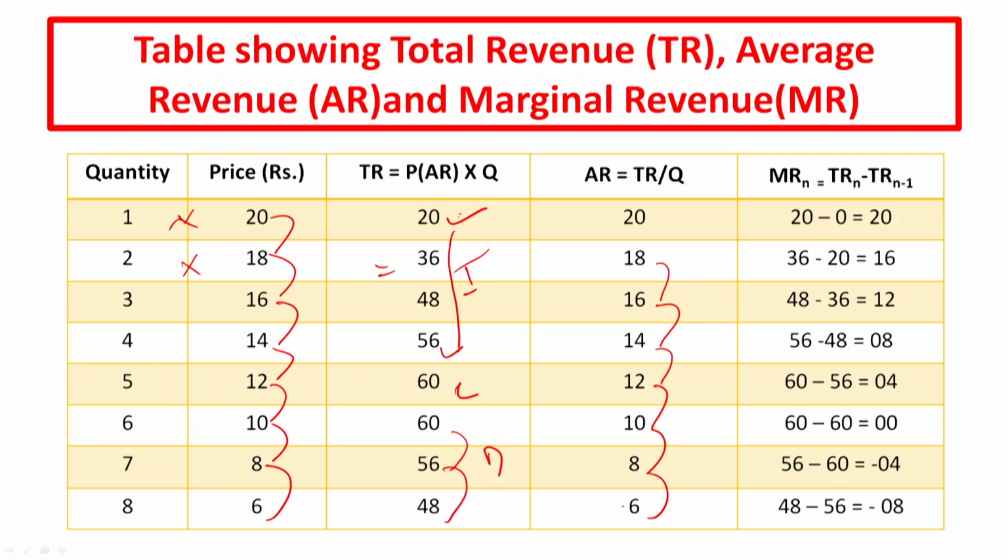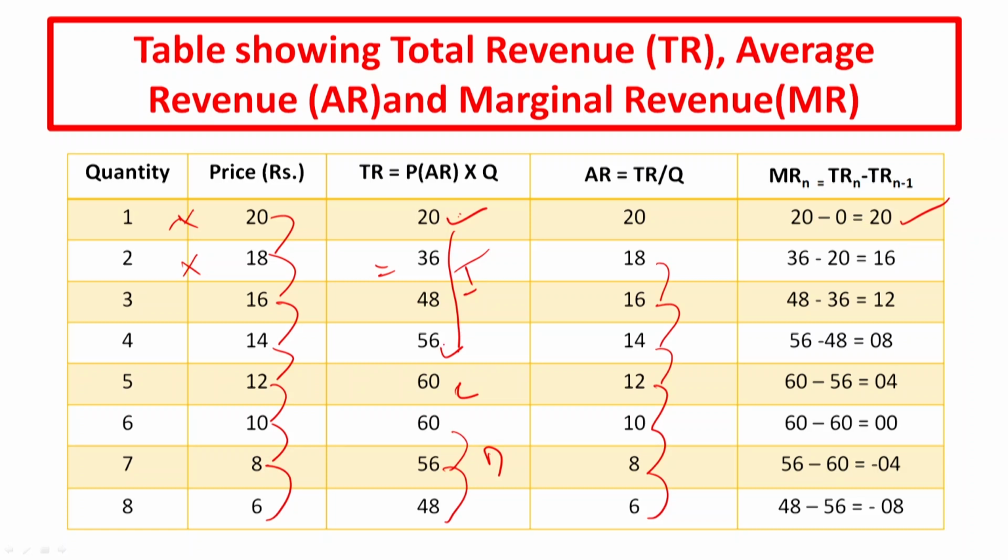Now, we talk about marginal revenue. You are already aware of the formula. It is 20 minus 0, as there was no revenue before this. The first marginal revenue is 20. The next is 36 minus 20, which gives 16. Next is 48 minus 36, the difference between two consecutive units, which gives 12.